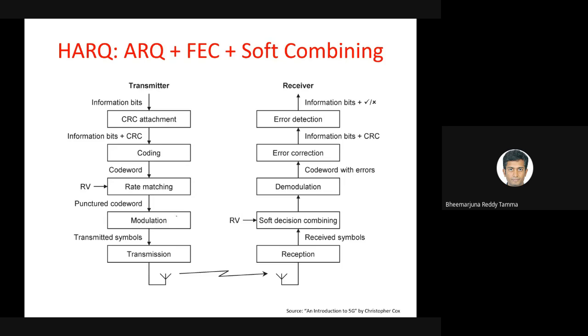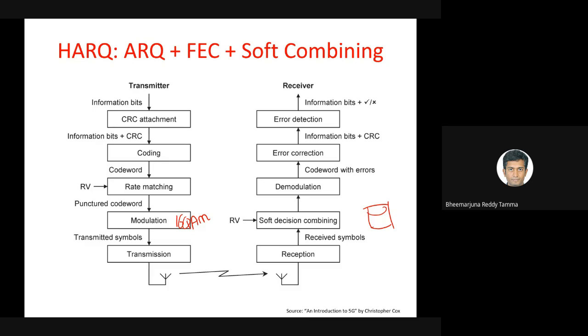Depending on what modulation, let's say if it is 16 QAM, then it will take 4 bits and put them in one symbol, where these 4 bits could be a combination of information bits and parity bits. And at the receiver, if everything goes well, it is fine. But if not, whatever packet has been unsuccessfully received is kept in a separate buffer.